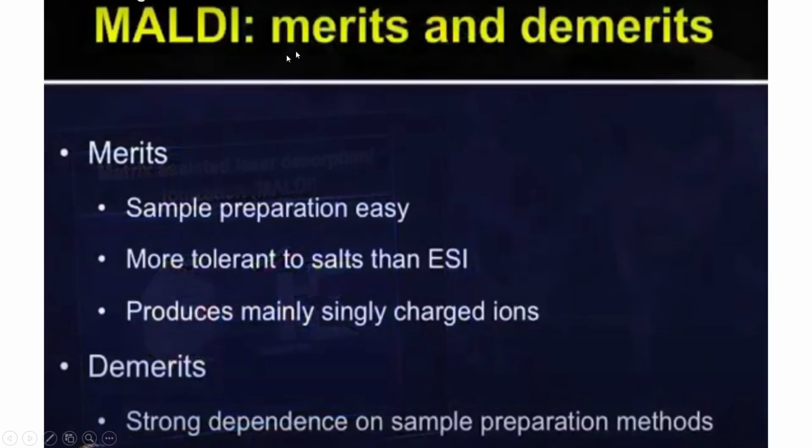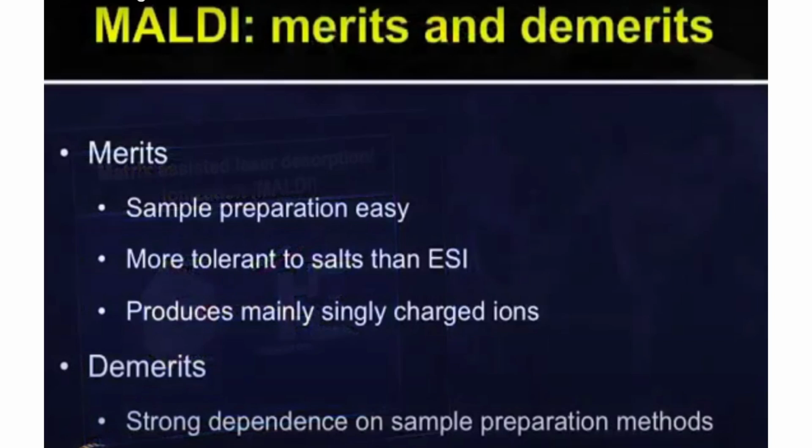Using MALDI as an ionization source, these are certain advantages. Sample preparation is very easy in terms of this technique. It is more tolerant to salts than electrospray ionization, which is another ionization technique. It also produces singly charged ions. One of the disadvantages is that it strongly depends on the sample preparation method.